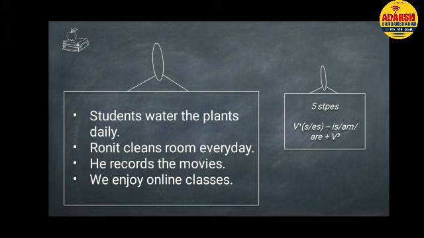And if you have any doubt, you can ask me. Okay? While converting these sentences, make sure about the 5 steps and its helping verb also, which in active is verb's first form or s or es, and in passive, is/am/are plus verb's third form. Okay.